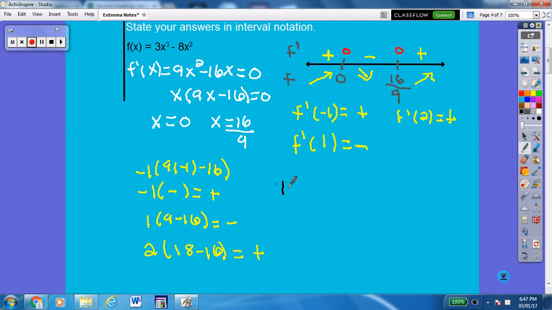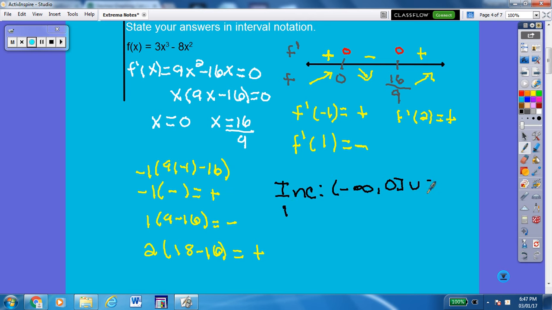For this particular example, the function will be increasing, and if you remember, increasing is defined in closed intervals. Now, we can't really close negative infinity, so that one has to have an open parenthesis, but it does go to 0, and I include 0. And, oops, I forgot one more.